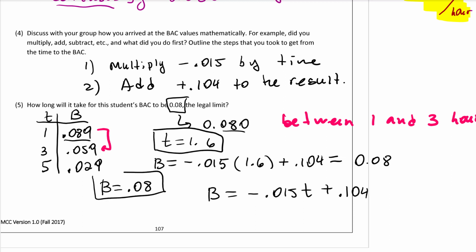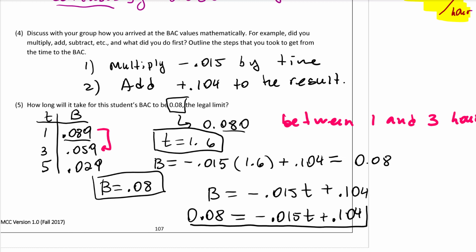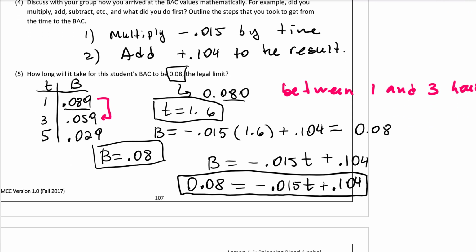Well, because B is 0.08, why don't we go ahead and substitute that where it belongs, which is here. And then that becomes a mathematical equation. This is the first time in this course we see a mathematical equation, and that equation is called linear. You're going to see why it's called a linear equation when we get to the next chapter. But for now, it is a linear equation.